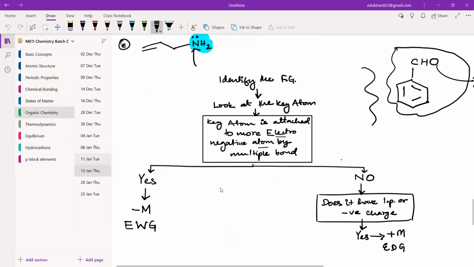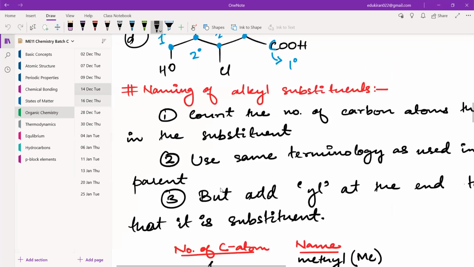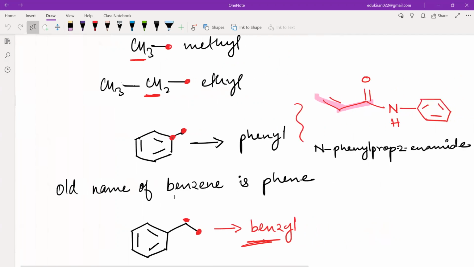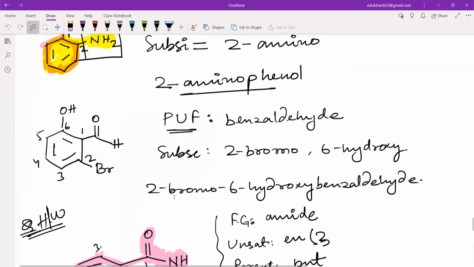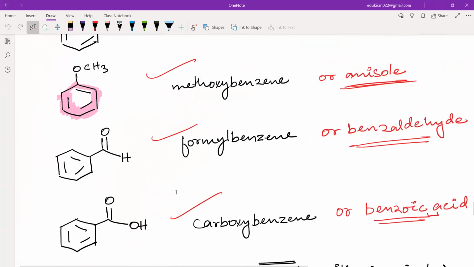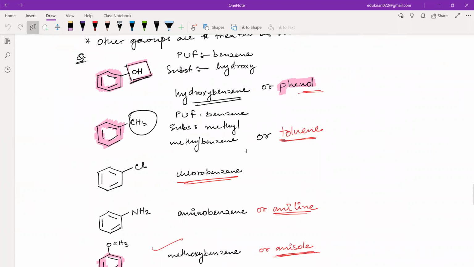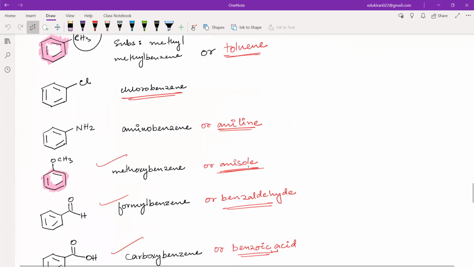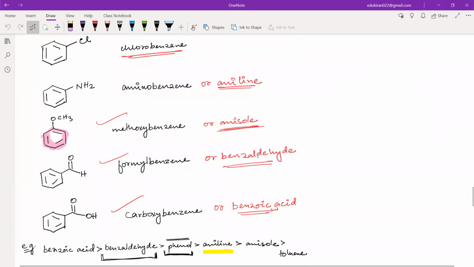ठीक है. Another thing that you have to remember, or you must have these, right? Phenol, toluene, aniline, anisole, benzaldehyde, benzoic acid. Yes, I have. है ना? So यहाँ पे भी ना, like what we can do, if I have NH2 group, and I have Br here.